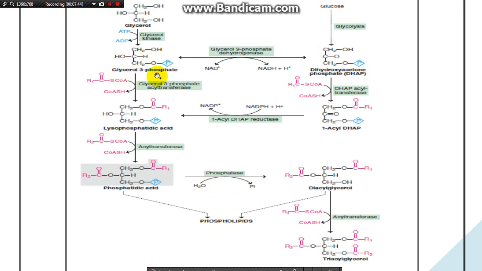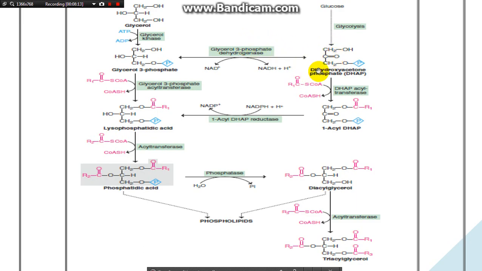The glycerol 3-phosphate and lysophosphatidic acid are also obtained from another source. The glucose is converted to dihydroxyacetone phosphate. These reactions are shown in the glycolysis process when we explain this information in the metabolism of the glucose or carbohydrates.